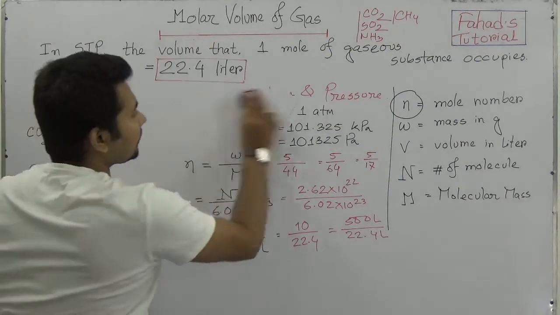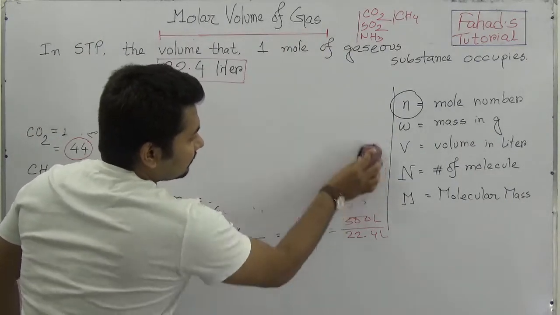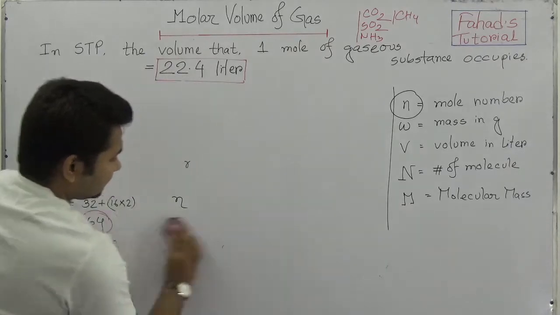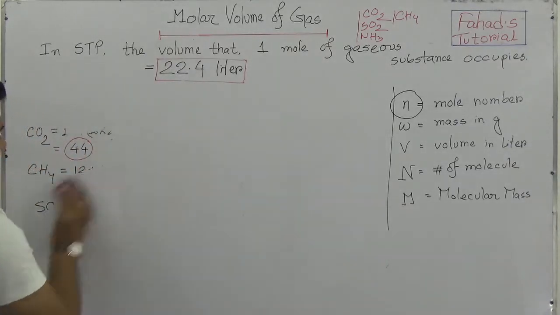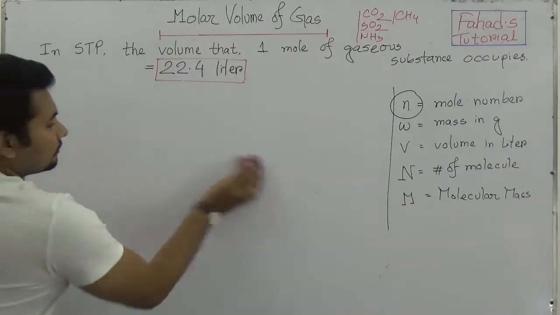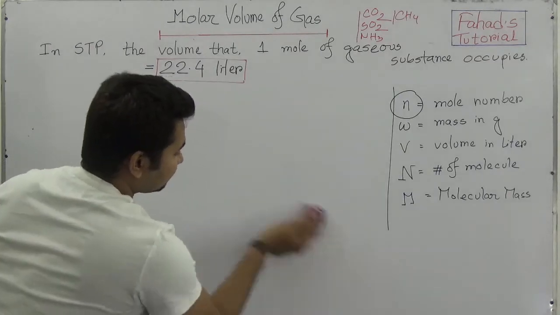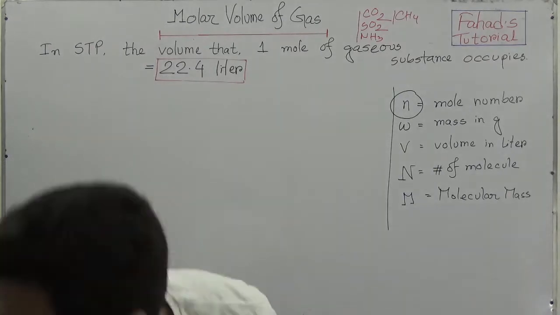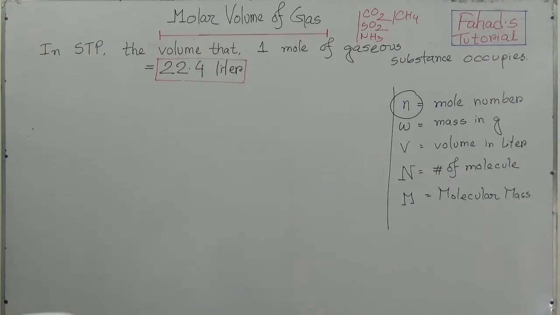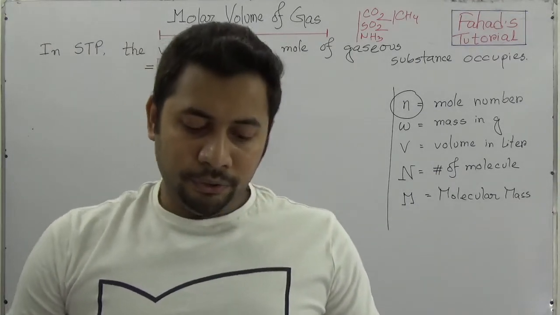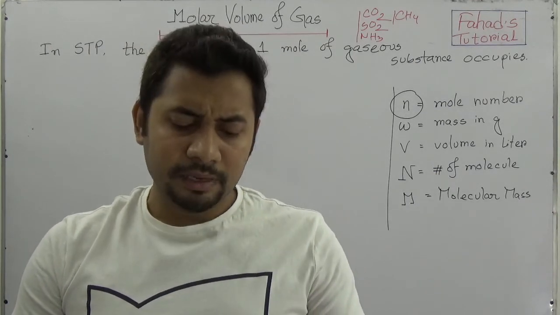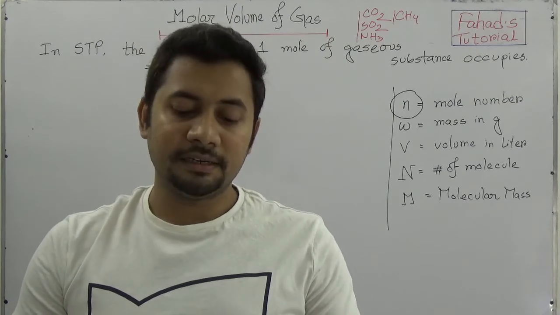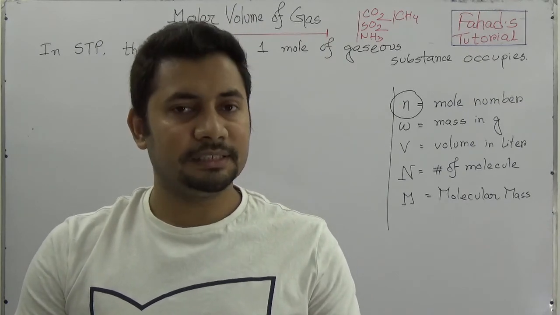Okay. Now we will think about something special. I am taking some mathematical problems from your books so that it would be easier for me to figure it out. Suppose the question is, how many molecules are there in 5 liter carbon dioxide gas?